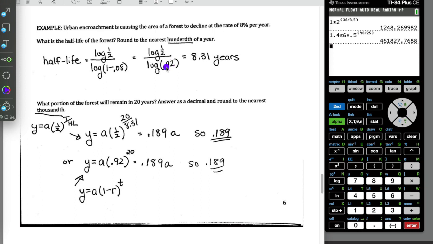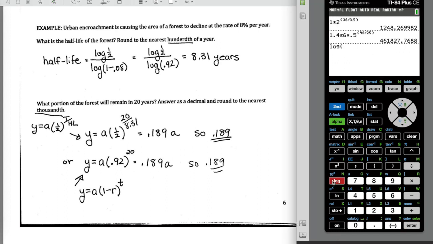And I'm getting this 0.92 because I took 1 minus 0.08. So on the calculator, I'm going to hit log of a half, which is 0.5, divided by the log of 0.92.